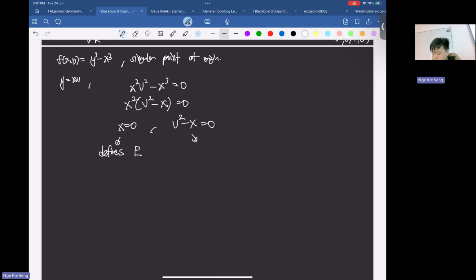And then again, this defines the strict transform with y equals x v. And then now we have applied the blow up 2 times already. Now we need to check whether this time our strict transform is smooth or not. So once again, let's say g(x, y) is y minus x v.